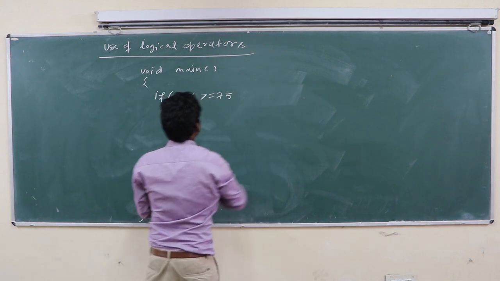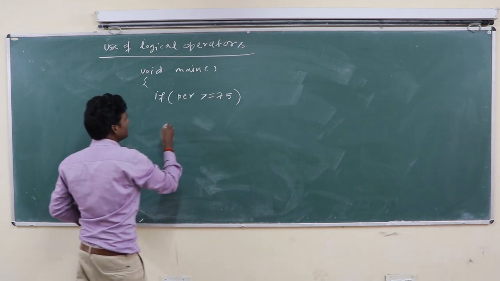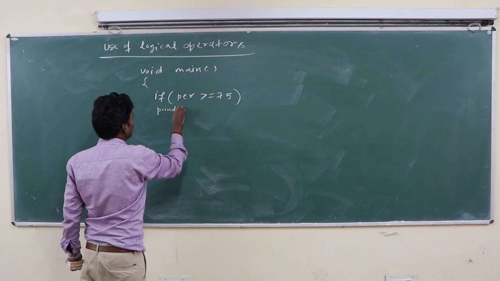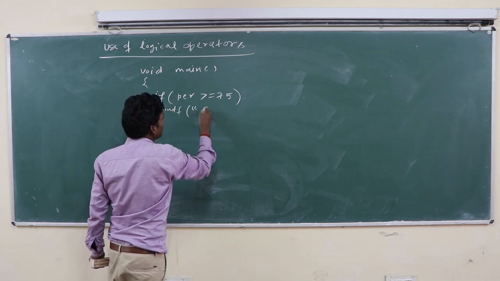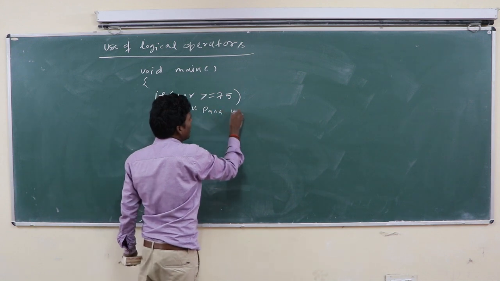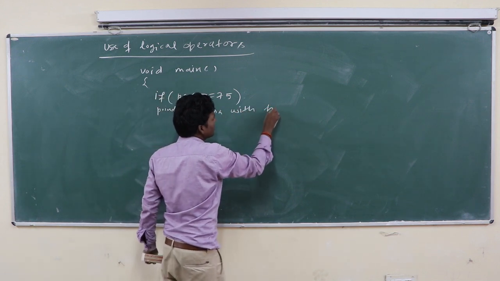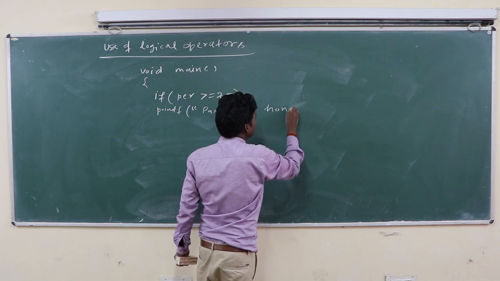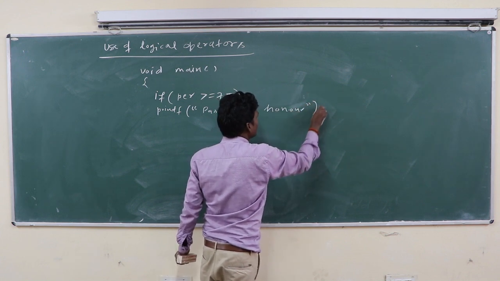If PER is greater than 75, printf pass with honor.